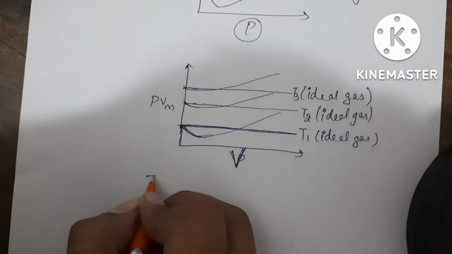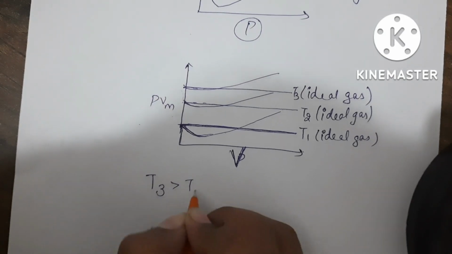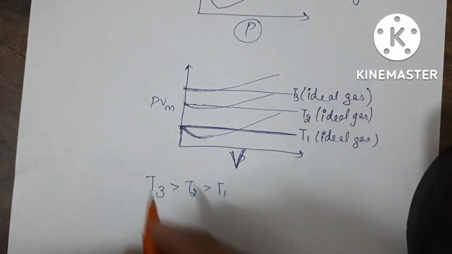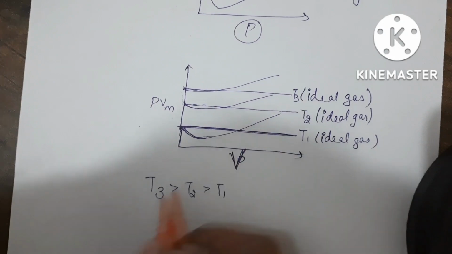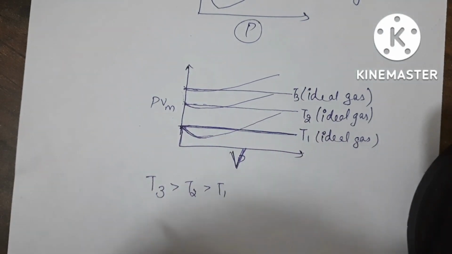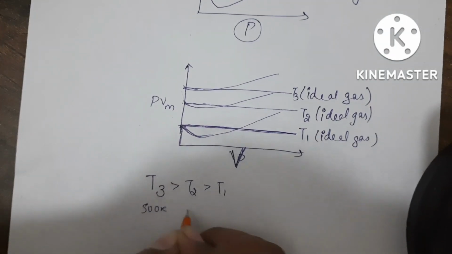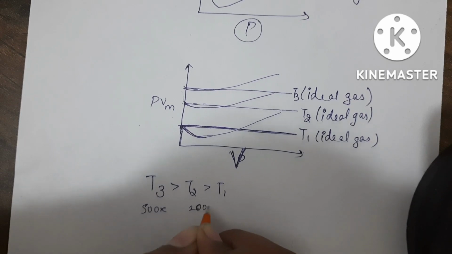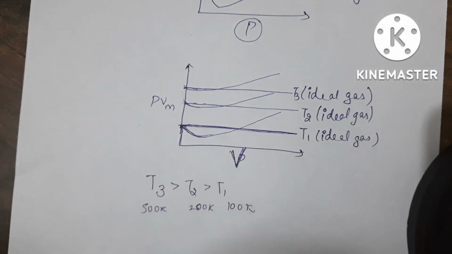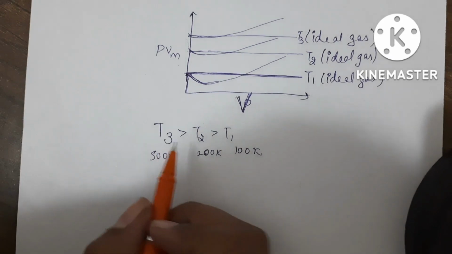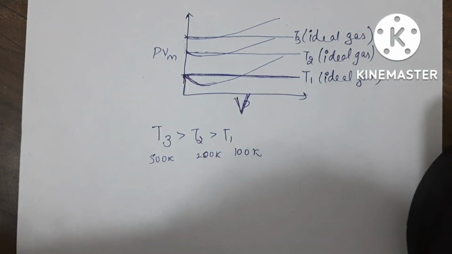I am saying that T3 is greater than T2, which is greater than T1, suppose 500 Kelvin, 200 Kelvin, and 100 Kelvin. I am changing the temperature to the highest one, T3.